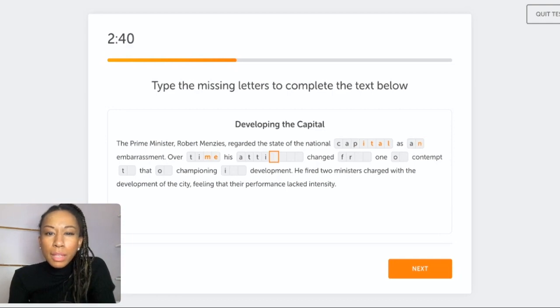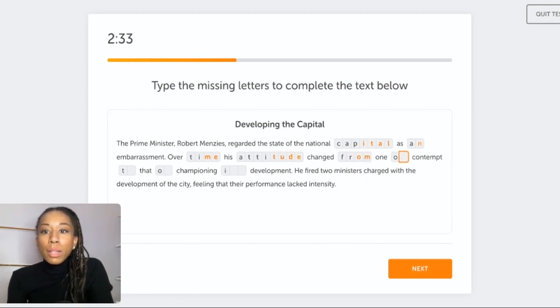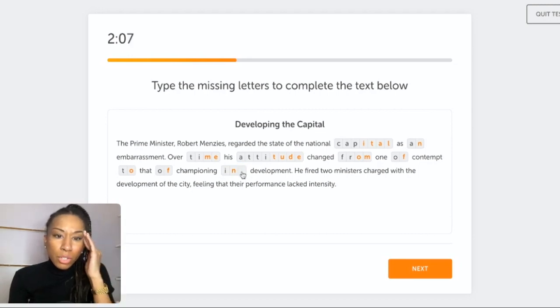Over time, attitude change from one of contempt to that of championing development. I don't know actually. Oh, it's development. He fired 2 minutes.